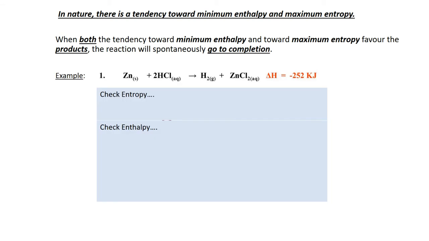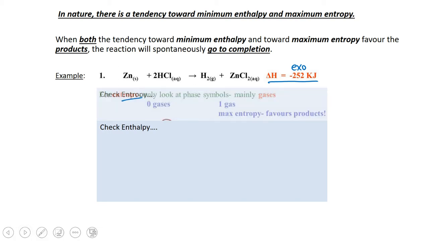Here we have this example of zinc metal in a solution of hydrochloric acid. Looking here, we know this is exothermic. It's got a negative delta H. It doesn't matter which one you look at first, so let's look at entropy. We're just going to look at our phases, like the last slide. On the left, solid, aqueous. On the right-hand side, we've got gas, aqueous.